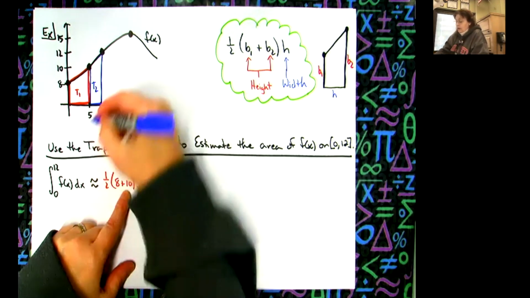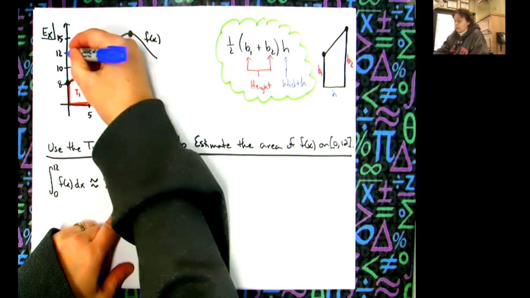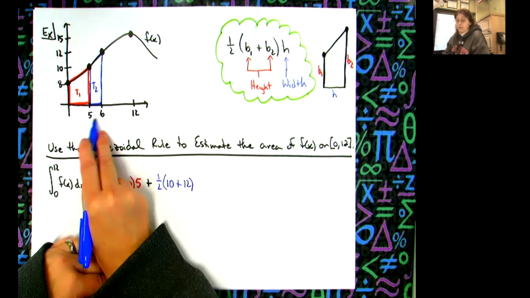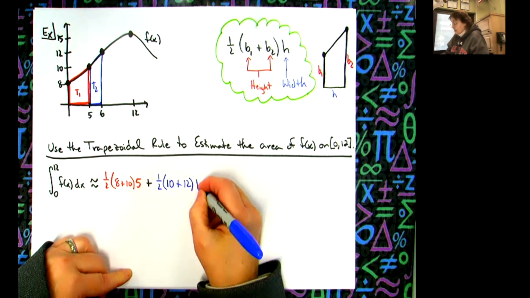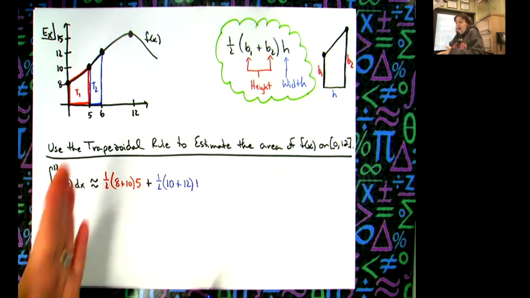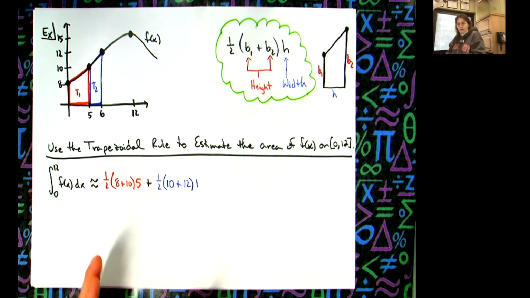And then the height here, which is 12, and a width of 1. You see how doing it with the formula, it's okay that they're not the same width. Anytime you are doing this and it is not equal subintervals, equal widths, you have to do it in this way. I cannot emphasize that enough.